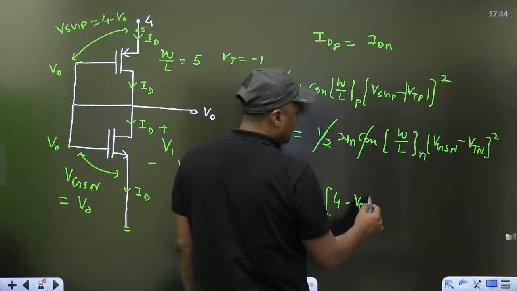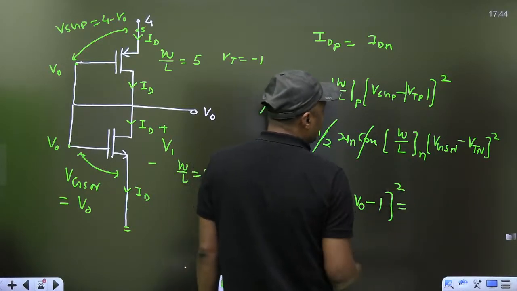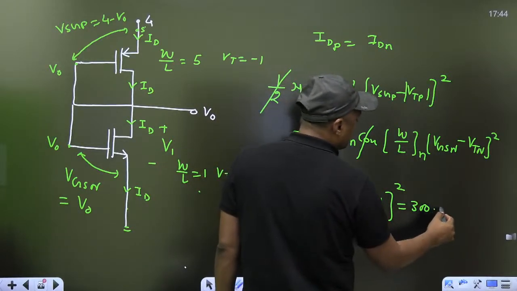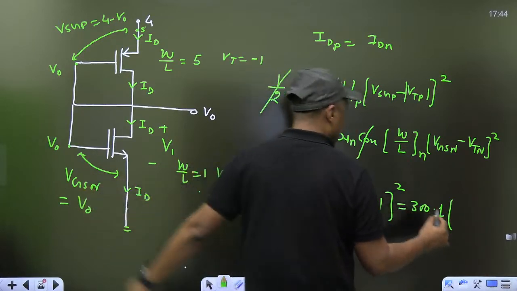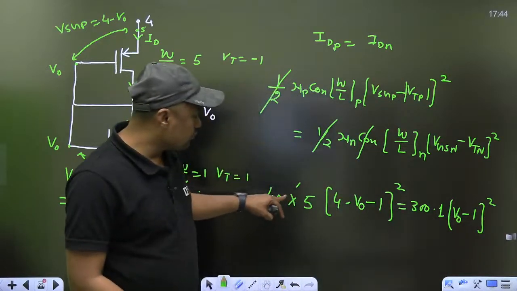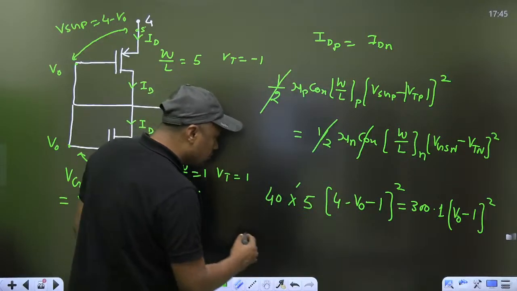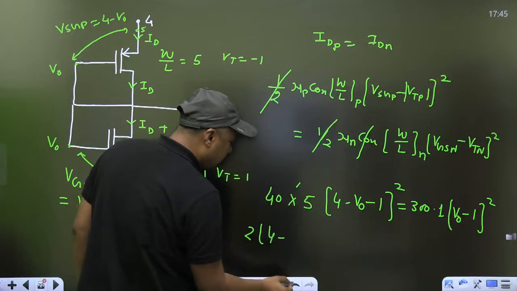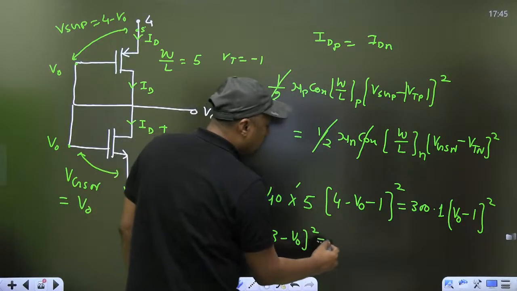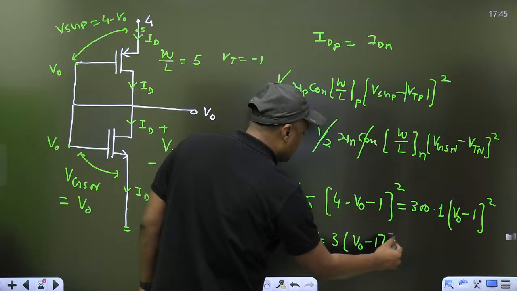So 4 minus V0 minus mod VTP, which is 1, squared, is equal to mu N, which is 300, W by L is 1, VGSN is V0, VT minus 1, the whole square. And this is 200, the zeros cancel and it will become 2 times (4 minus 3 minus V0) square is equal to 3 times (V0 minus 1) square.